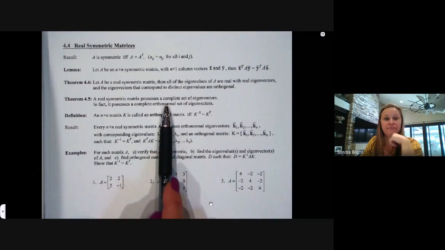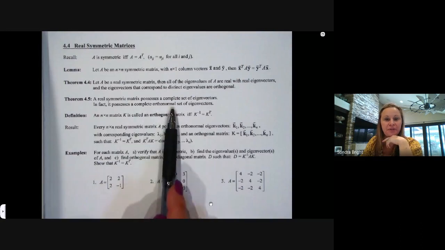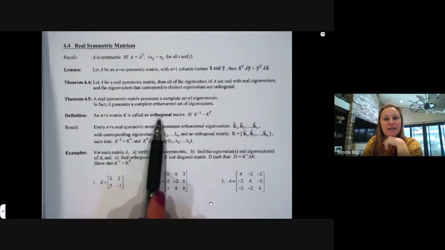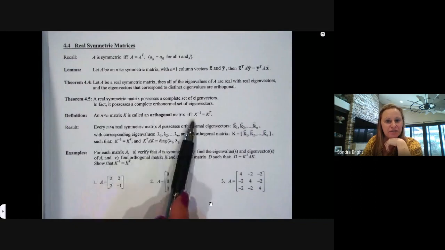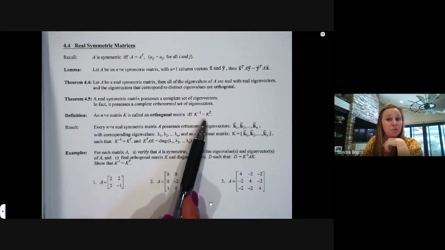I'll give you a definition real quick. We say an n by n square matrix K is called an orthogonal matrix if and only if its inverse is equal to K transposed. So if you find the inverse and it's equivalent to transposing K, then we call it an orthogonal matrix.